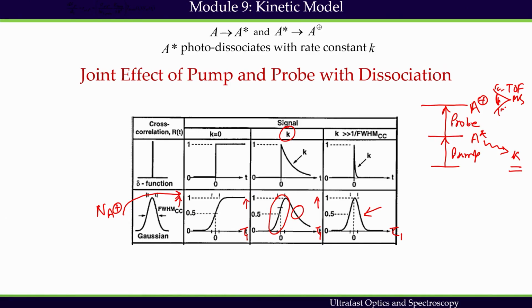So now this particular response function explains all the questions we asked in the beginning of this module. It explains why we have a signal in negative delay. This is because of the error function.